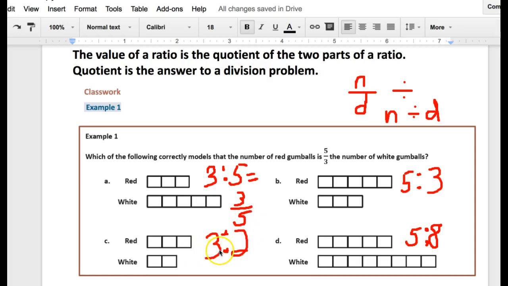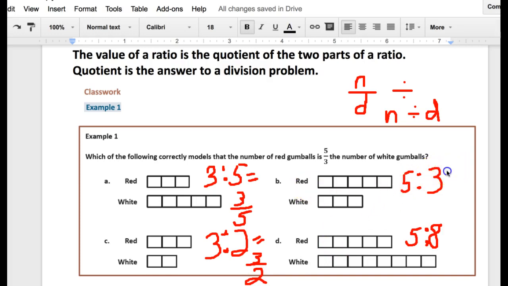Okay, so if we have 3 to 2 as our ratio, then 3 is the numerator, 2 is the denominator, and that equals 3 over 2. So you see, it's not really that hard to understand. It's just a different way of writing ratios in the form of a fraction.